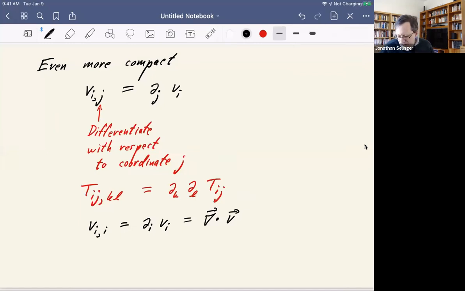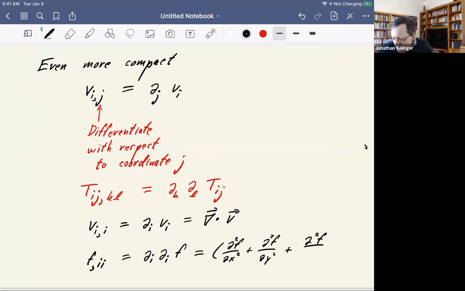So you could write a scalar f sub comma i,i. It looks funny, but it means d by d i twice, acting on f. So that means the second derivative of f with respect to x plus the second derivative of f with respect to y plus the second derivative of f with respect to z. Or in other words, the Laplacian of f.